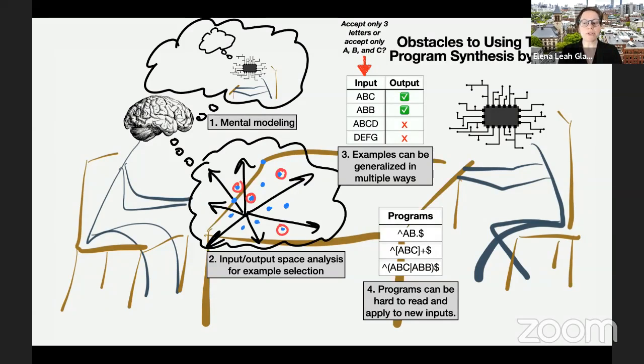The approach characteristics I'm going to describe to you today in this published work address these three: input-output space analysis for example selection; the fact that programs are hard to read and effortful to apply to new hypothetical inputs, to double-check that this is indeed equivalent to the program you had in mind; and the fact that the small number of examples you want to give can be generalized in multiple ways, which creates ambiguity.